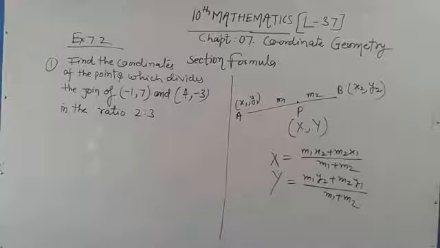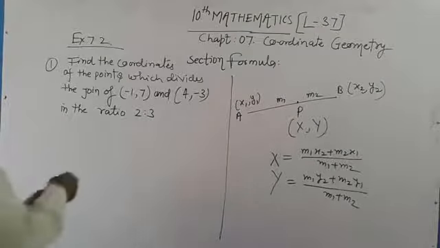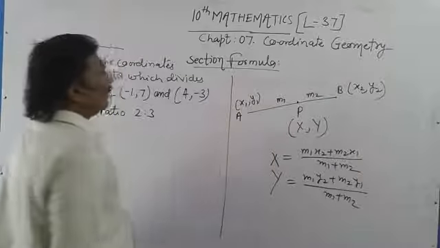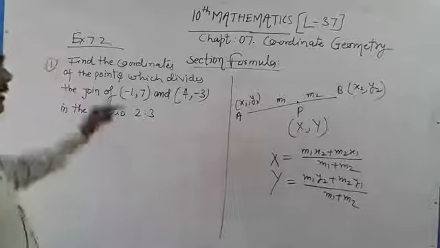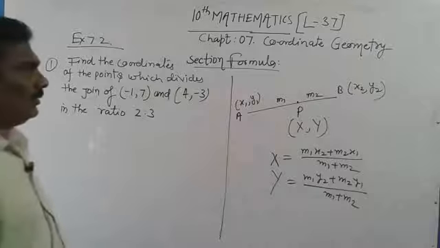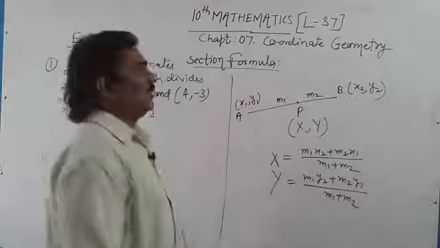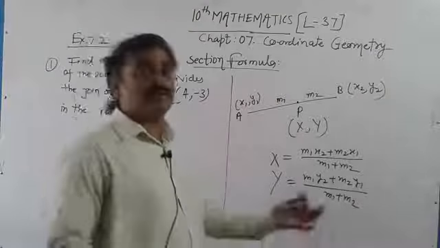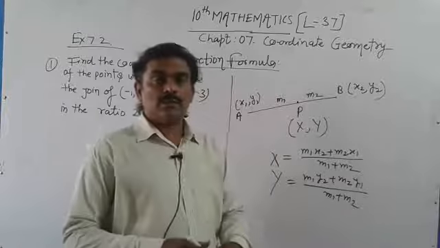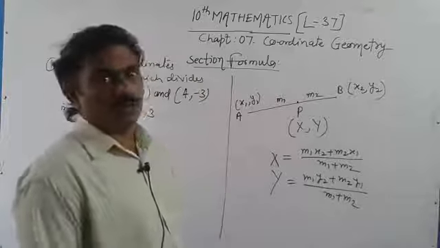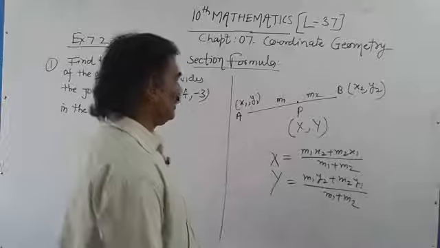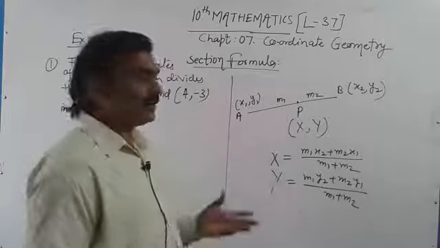So students, here we have a new topic, section formula, and this formula will be applied in exercise 7.2. Section means part. The derivation of these formulas is given in your book, you can see, but here we will explain in a chart.